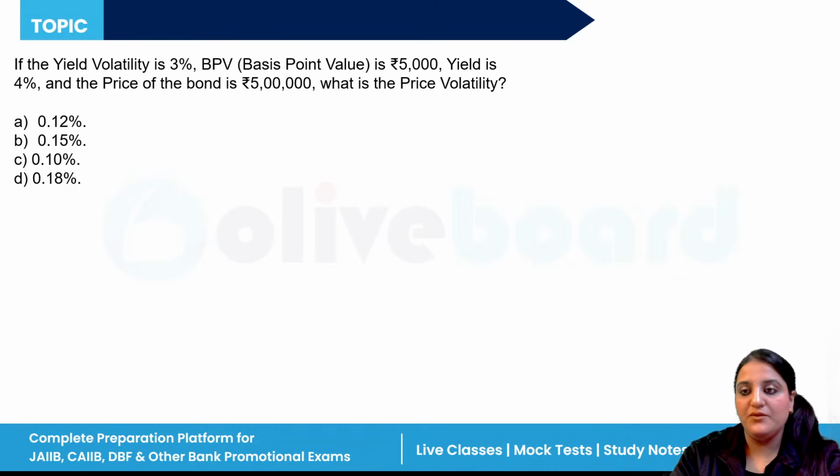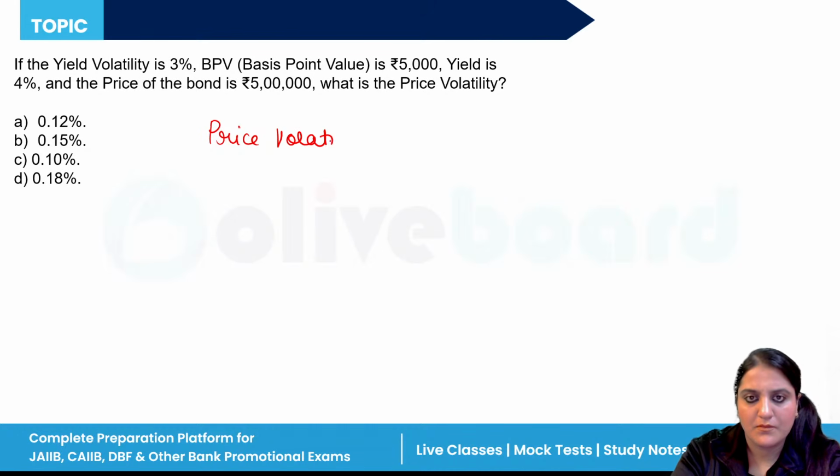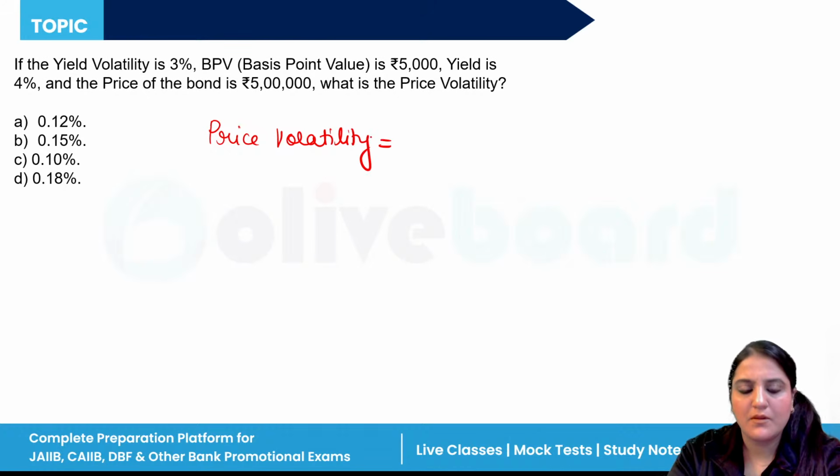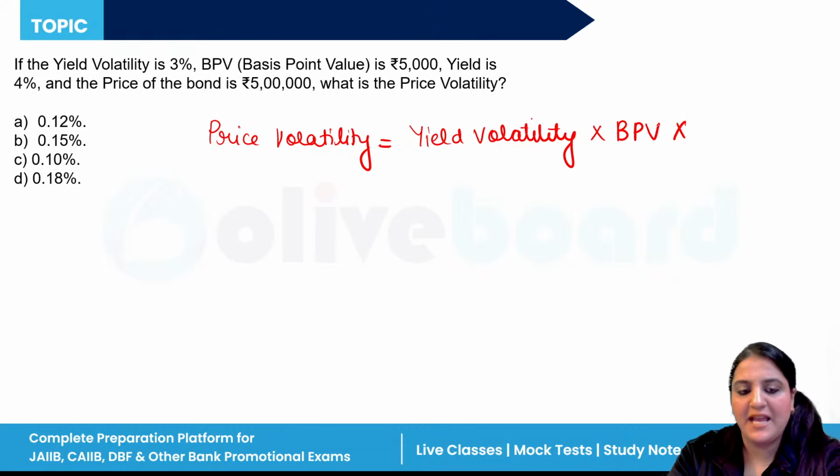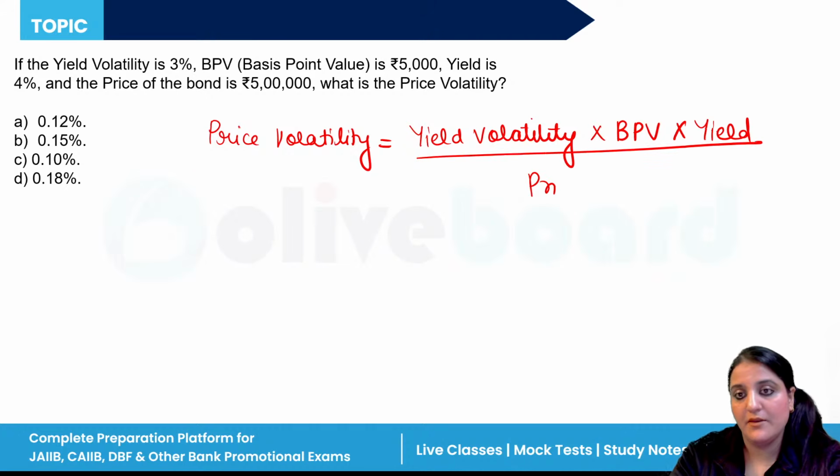See, we have the formula of the price volatility, that is equal to yield volatility multiplied by basis point value multiplied by yield divided by price, right? This is the formula of price volatility.